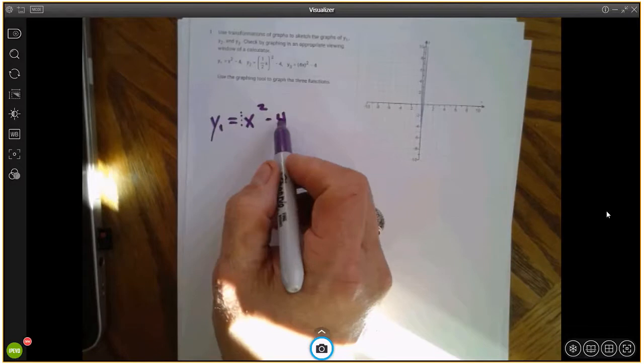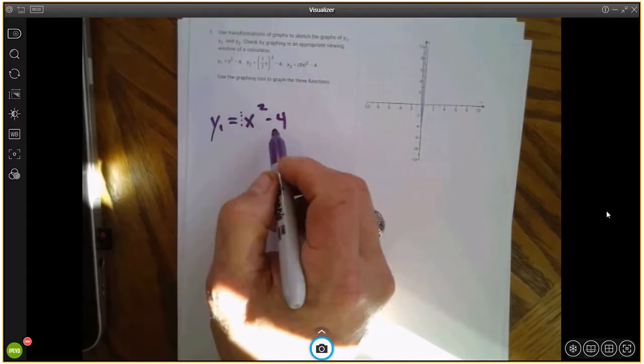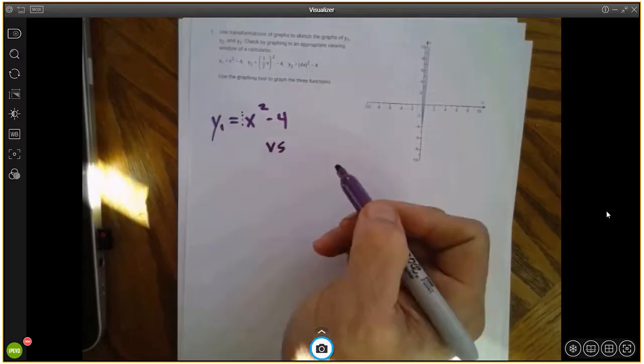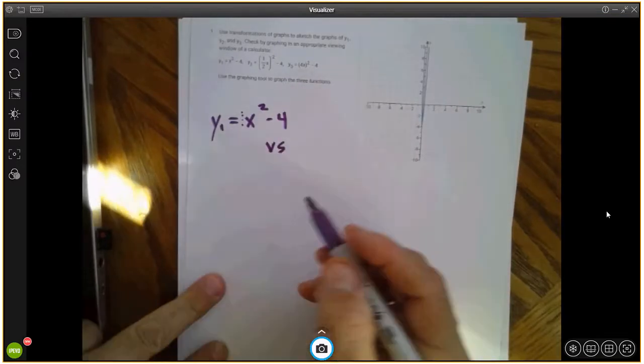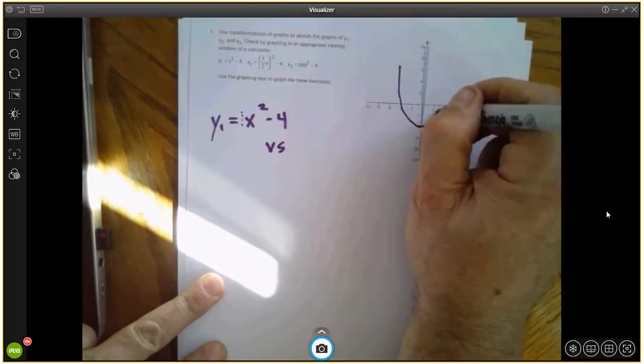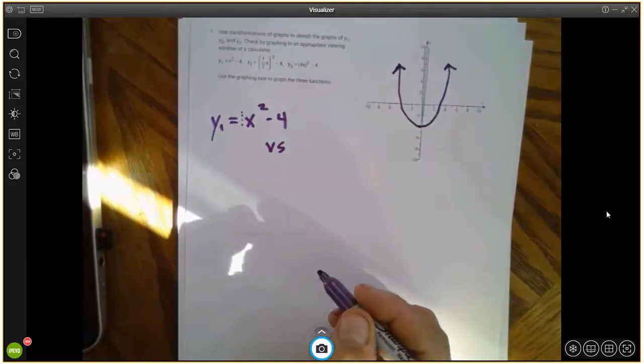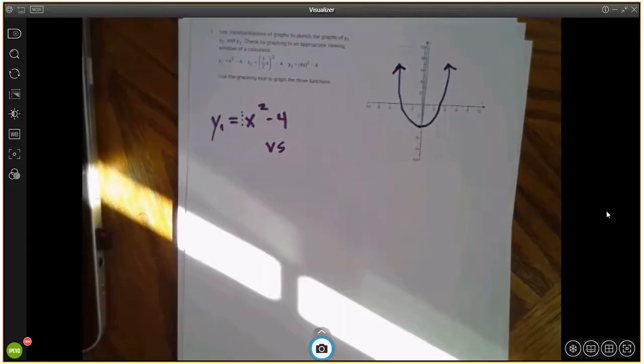Since 4 is not included with the square, it is the vertical shift. So we've got a vertical shift of 4, and you've got a regular parabola. That is what you would graph.